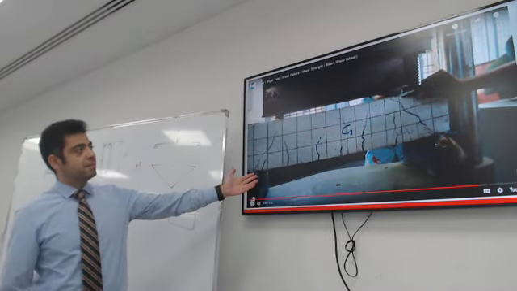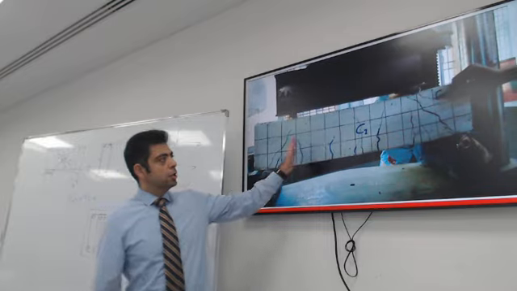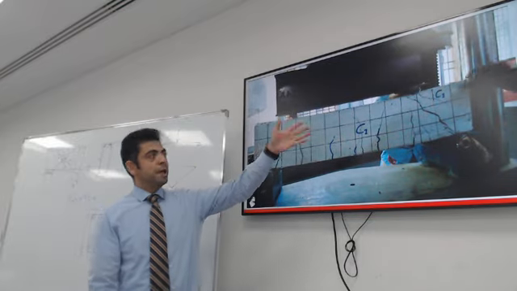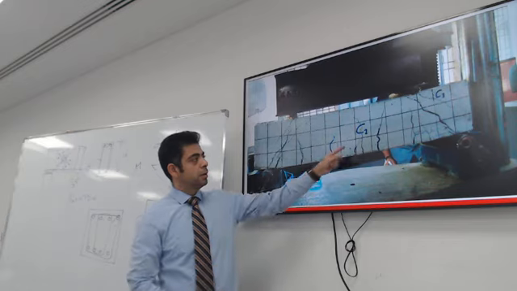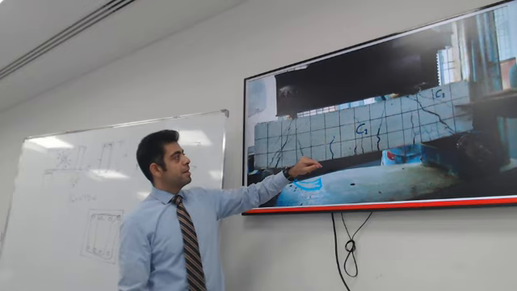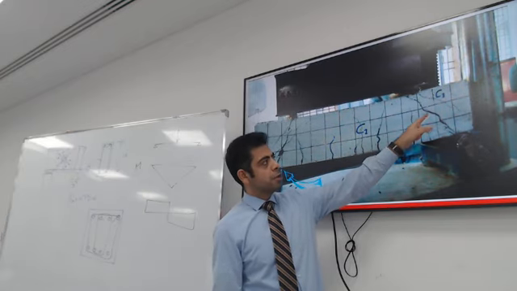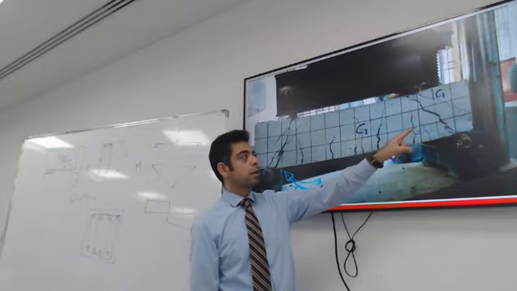So this is a test in the lab. You can cast a piece of concrete painted in white and trace with a marker the crack when it first starts, and then very quickly you realize the shear crack is getting wider.